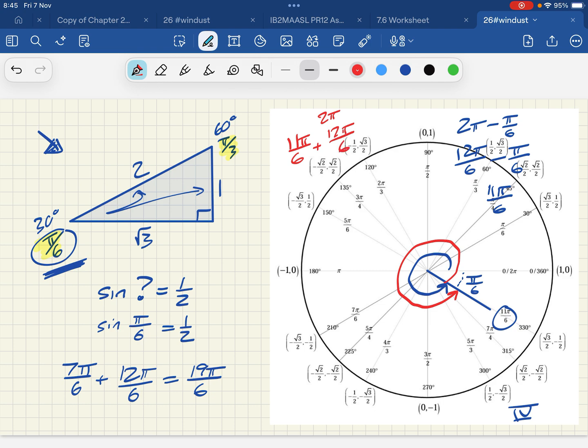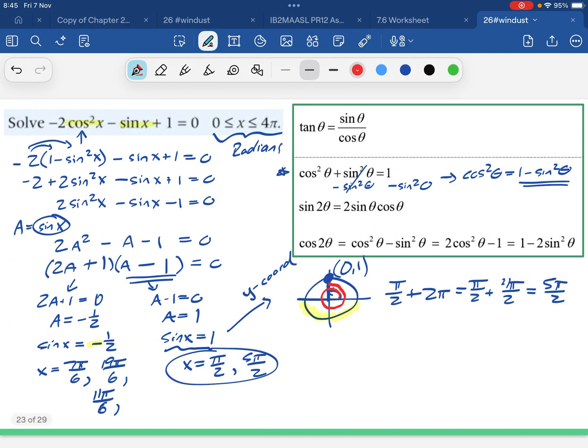So I have a common denominator, which gives me 23 pi over 6. Okay, almost to 4 pi, but not quite. So that would be my final solution, okay? 23 pi over 6. So this problem, I told you, was a little more complicated, okay? It would have a total of 6 solutions. All right.